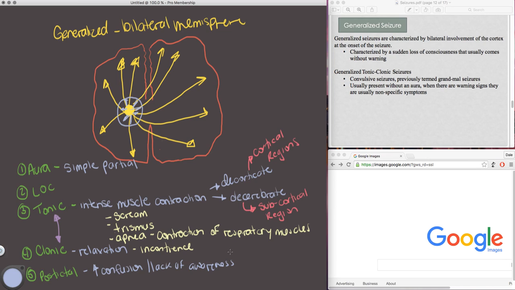If the seizure lasts for an extended period of time, then the patient may end up with a low blood sugar. So it really depends on the length of the seizure. It's also important to note that people with seizures can end up in something called status epilepticus.